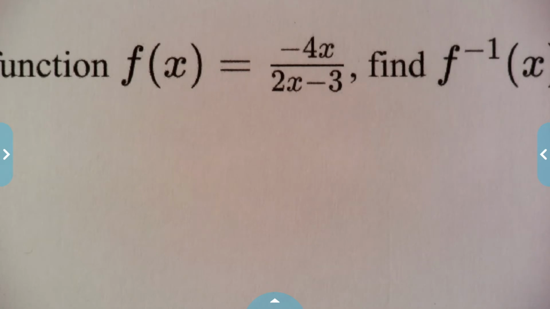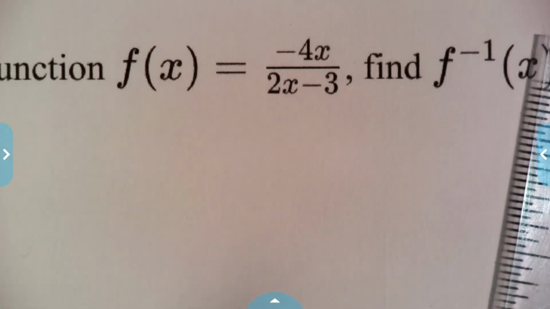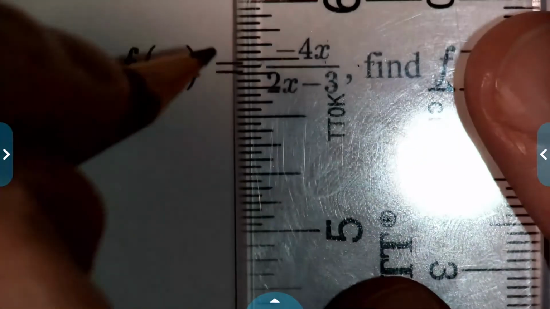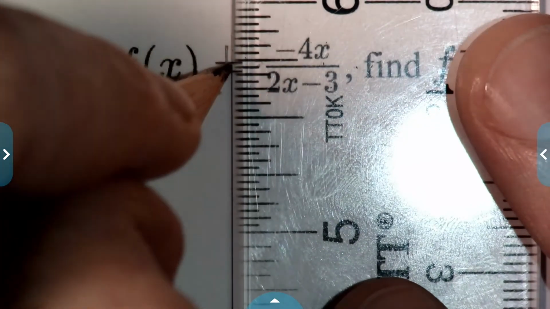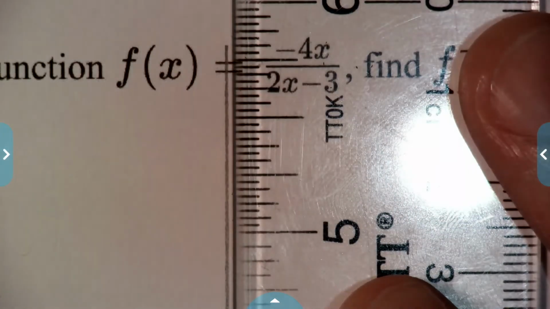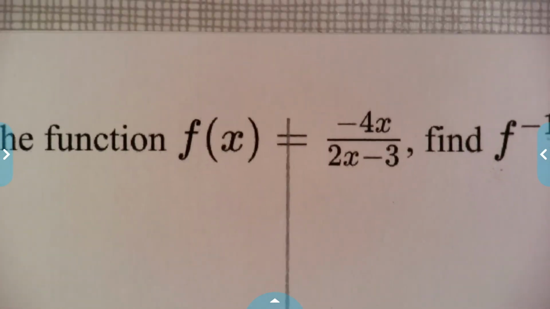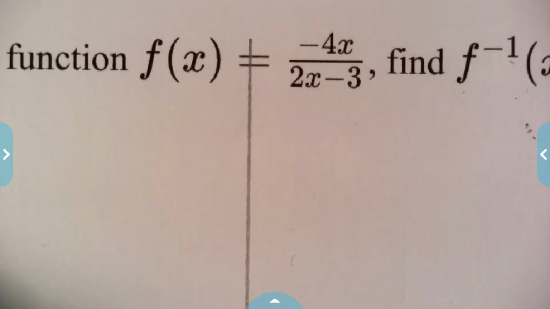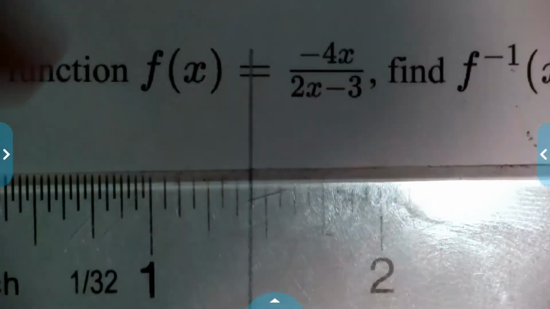Okay, so here we go. Don't let this frighten you at all. Just draw a long line because the mechanics can get a little tricky. So here we go.